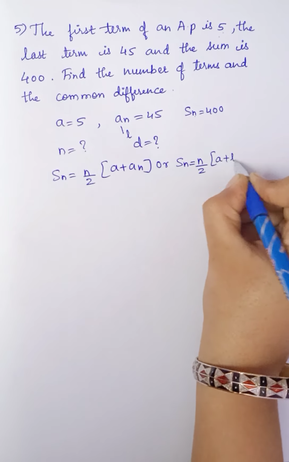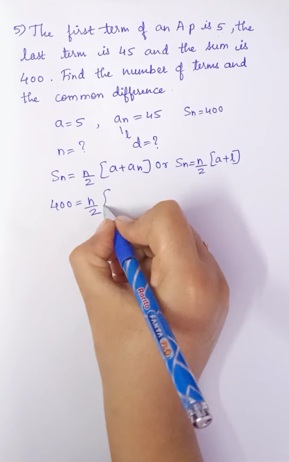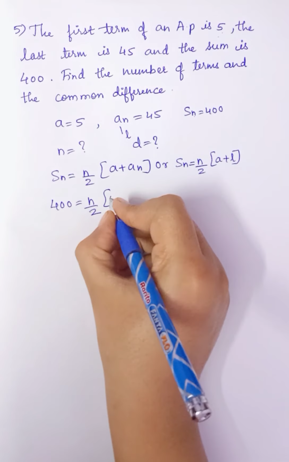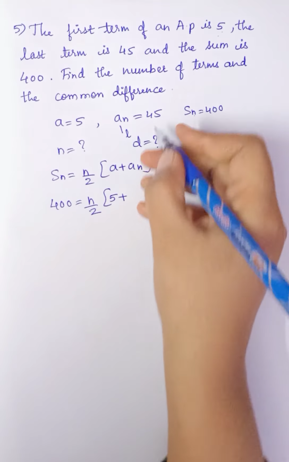Both are the same. Okay. So I am going to substitute the values now. What is Sn? Sn is 400, which is equals to, n is not given, keep it as it is, n by 2. a is first term given 5 plus an is given 45.